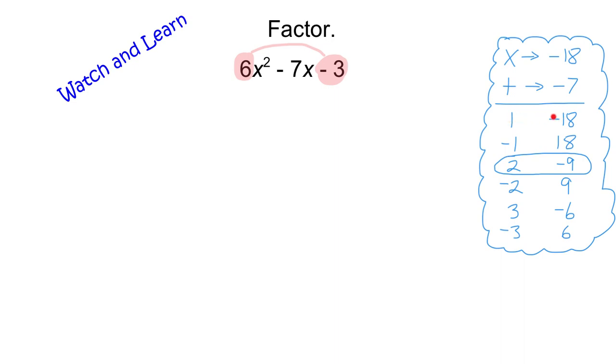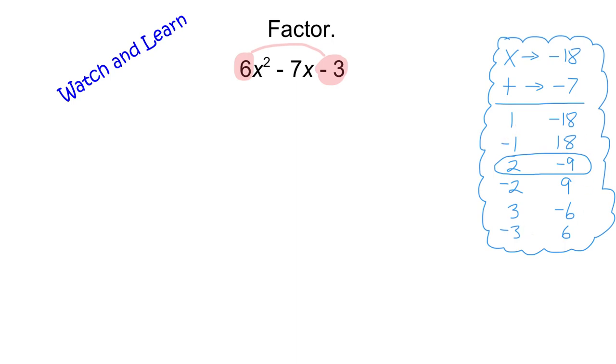So it's not just 1 and 18, it could be 1 times negative 18 or negative 1 times positive 18, 2 times negative 9 or negative 2 times positive 9, etc. So when I go through that process of thinking about what are the possible numbers that multiply to negative 18, I have to include all of the negative signs as well.